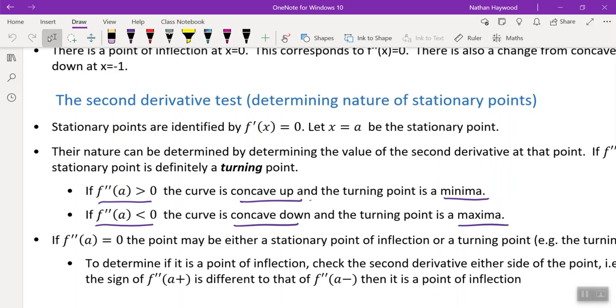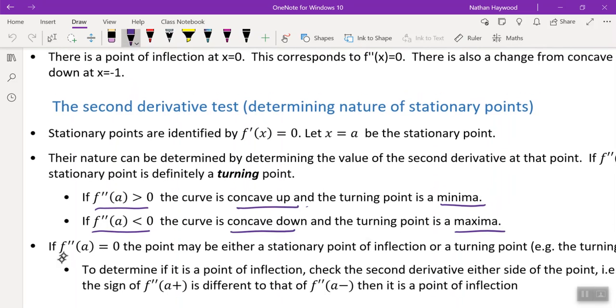I'll just say this last thing. If I happen to get one of them equal to 0, so instead of negative 6 or 6, one was equal to 0, this is either inflection or turning point. So to figure out which one it is, so you'll probably do a question like this, you need to sub in slightly less than a.